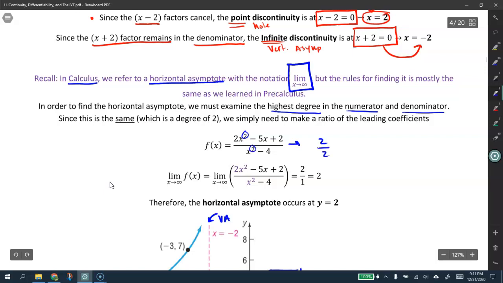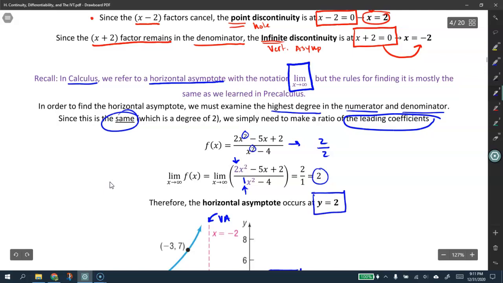And so this is the case of same degrees. And what we learned is when you find that they have the same exact degrees, you pull off the leading coefficients of those particular higher powers. In this situation, that would be a 2 and a 1 that you're going to pull off. And so you end up with a horizontal asymptote of y equals 2.